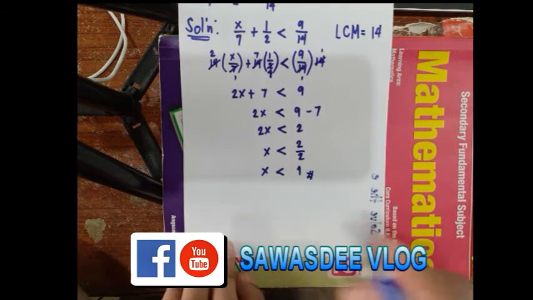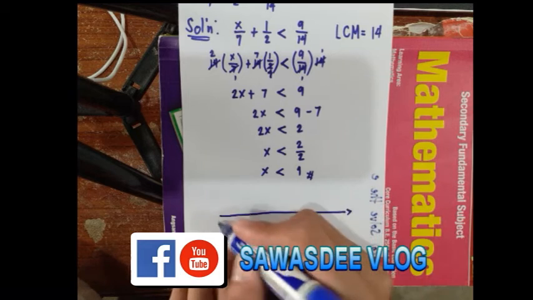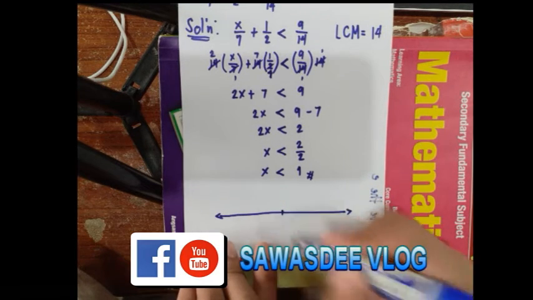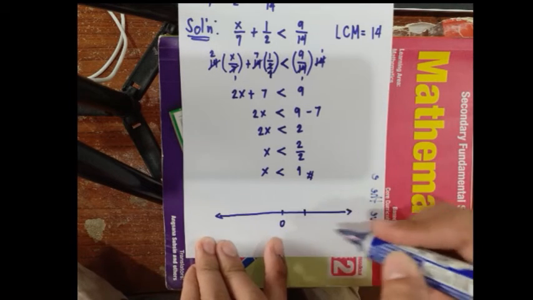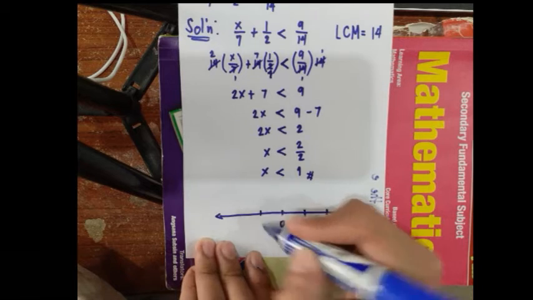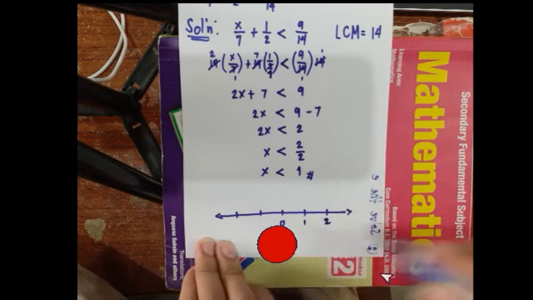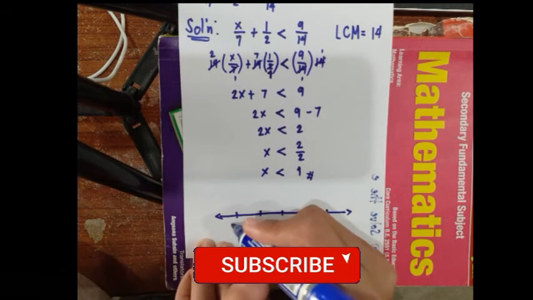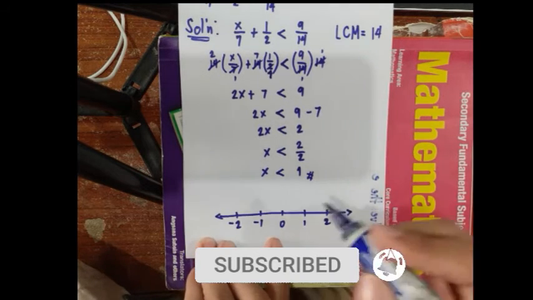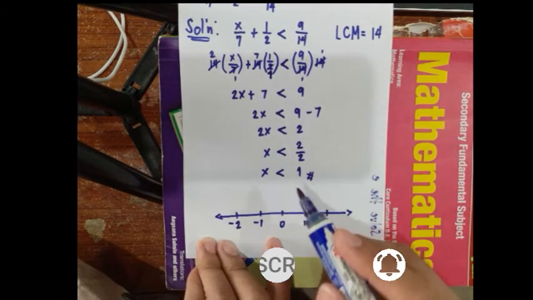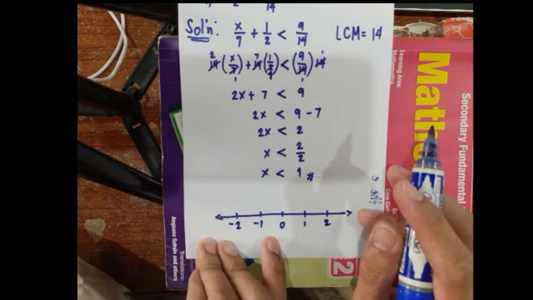So how do we graph this? We draw a number line. In the middle we have 0, then we divide it: 1, 2, negative 1, negative 2. How do we graph x less than 1? What are the numbers that are less than 1?